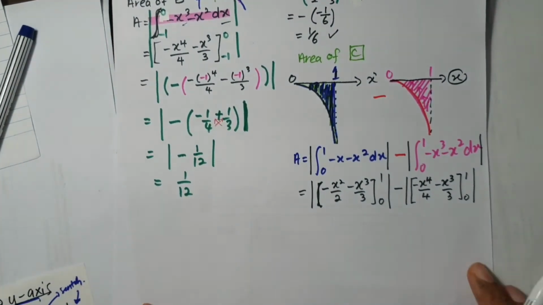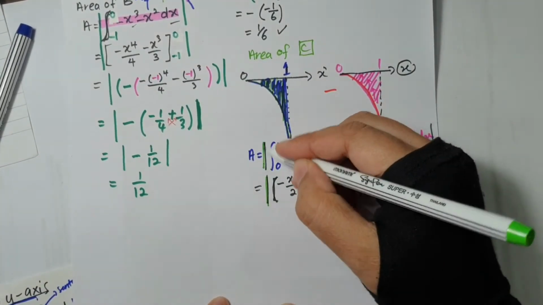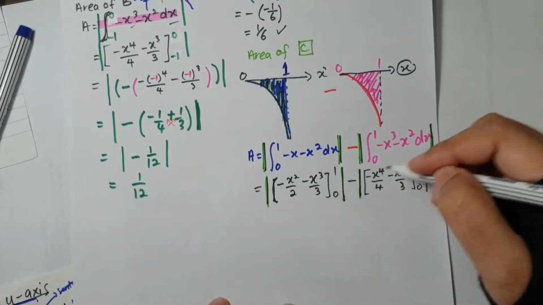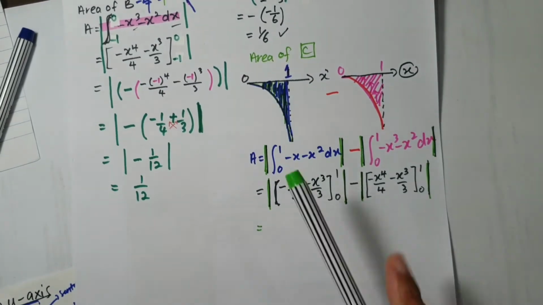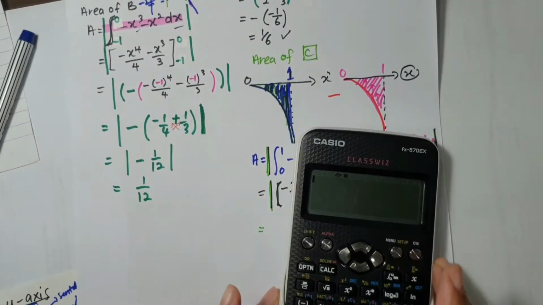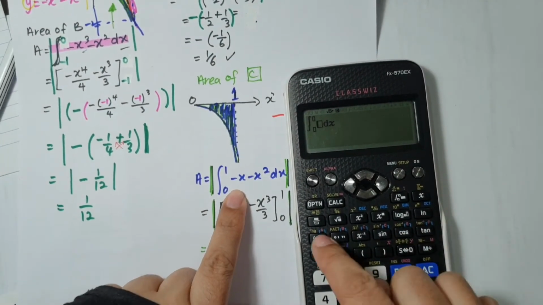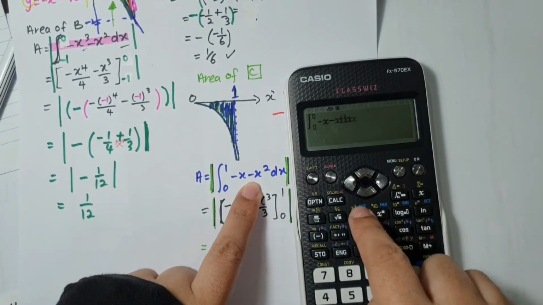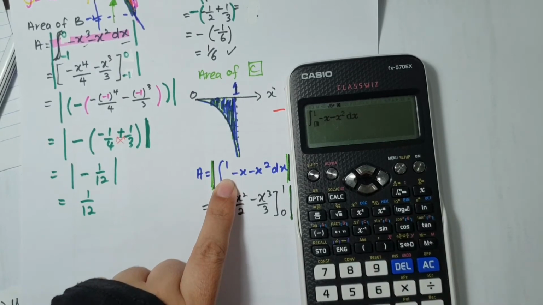Okay, nak bagi nampak. This one, the modulus sign guna warna green color. Okay. So now, actually this one, you can check use calculator, sepatutnya you dapat apa. Kita key in negative x minus x square, limit 1, 0.